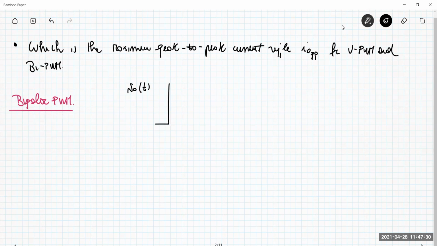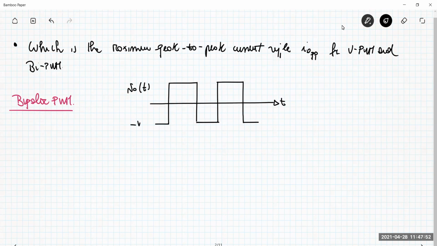It's a rectangular waveform, bipolar rectangular waveform, for example, this one, ranging from negative VT to plus VT.